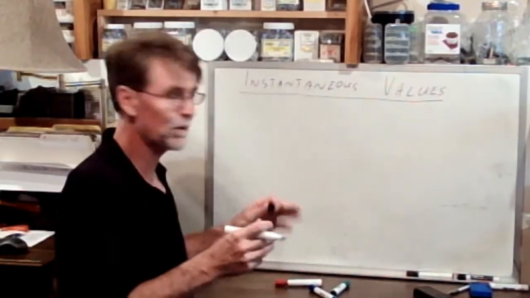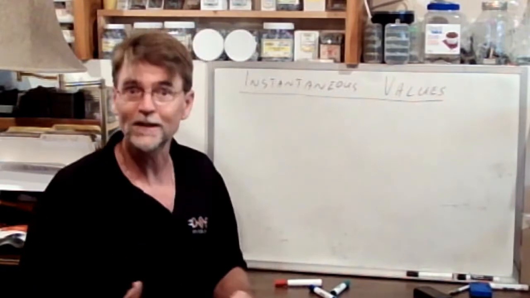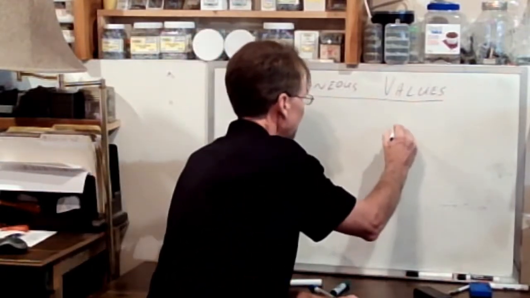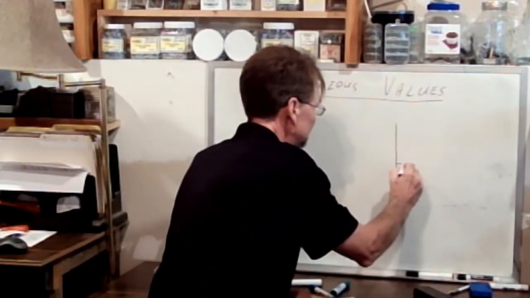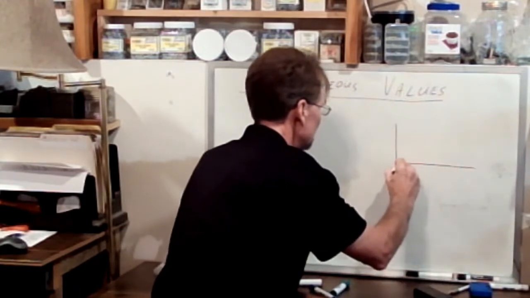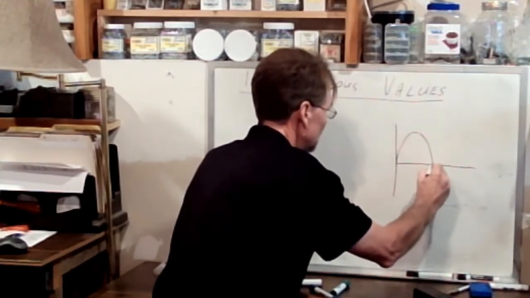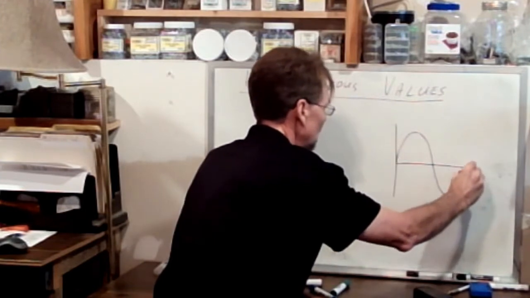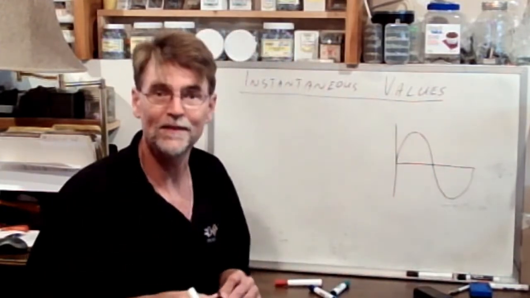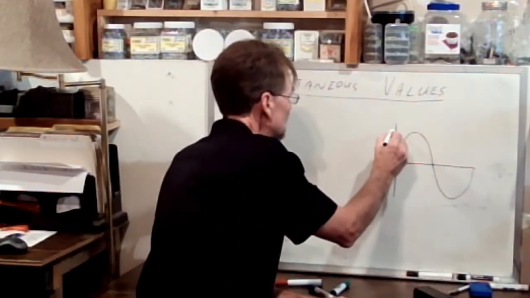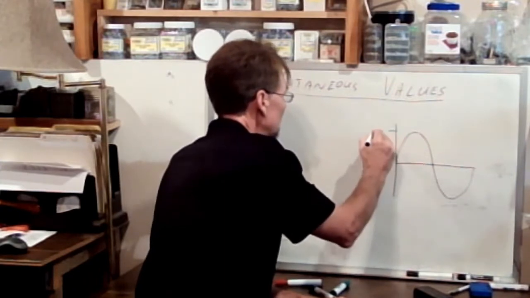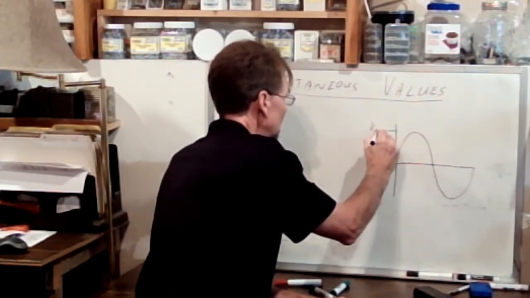All right, so remember now the voltage and the current is in a sine wave. And we have values within this sine wave. The first value here might be V peak.